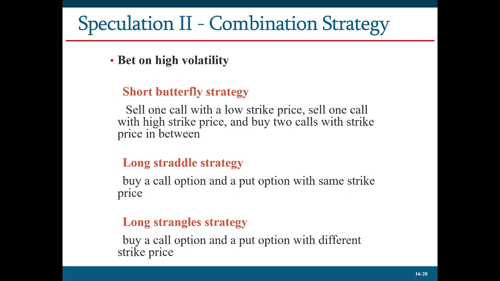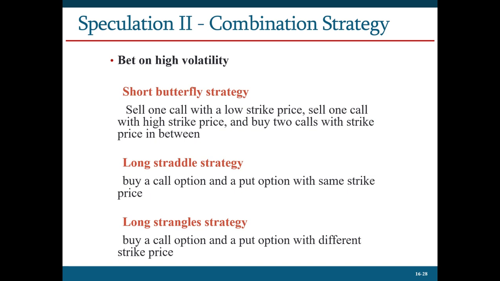This short position butterfly strategy will generate a positive amount of gain when the market goes through high volatility. But when the market doesn't go through any volatility, then you will lose a certain amount of money. That is the money that you spent in buying and selling call options. That is a short butterfly strategy.